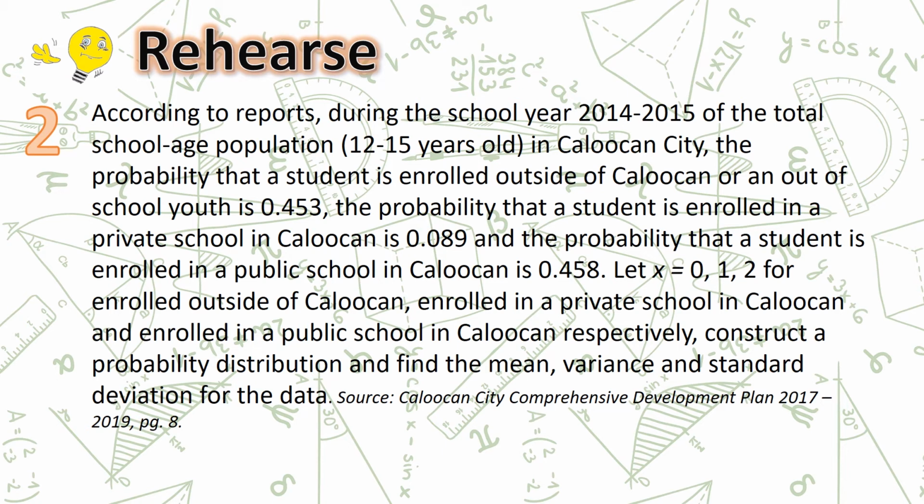And the probability that a student is enrolled in a public school in Caloocan is 0.458. Let x be equal to 0, 1, 2 for enrolled outside of Caloocan, enrolled in a private school in Caloocan, and enrolled in a public school, respectively. Construct a probability distribution and find the mean, variance, and standard deviation for the data. Go!